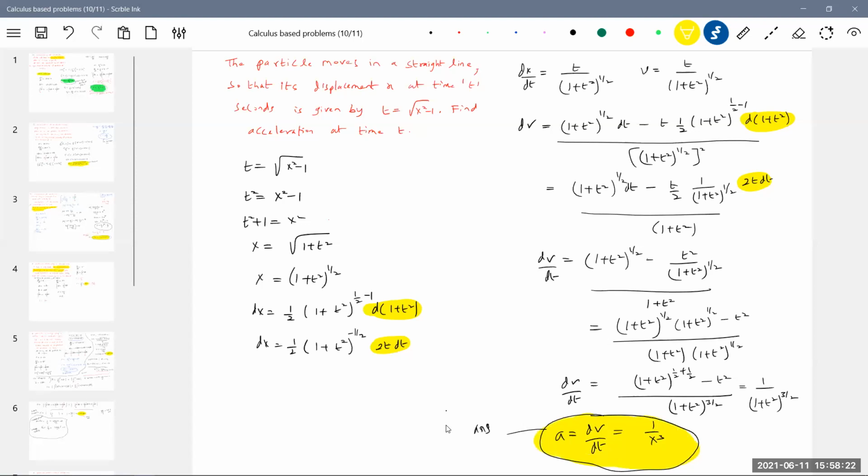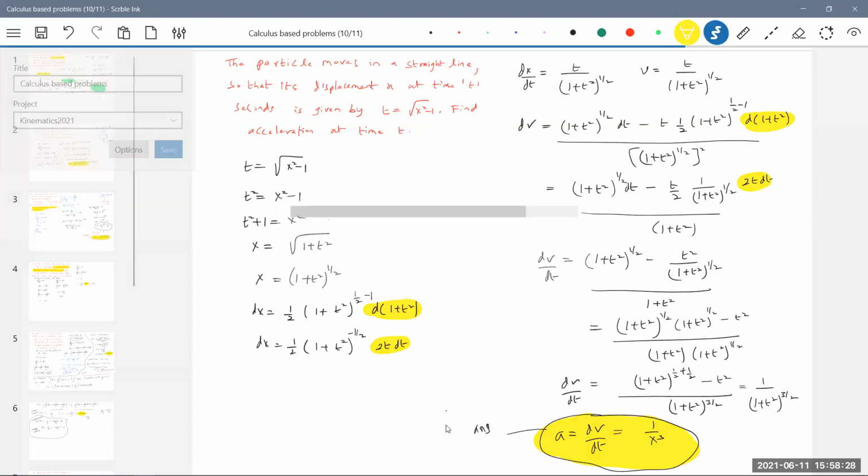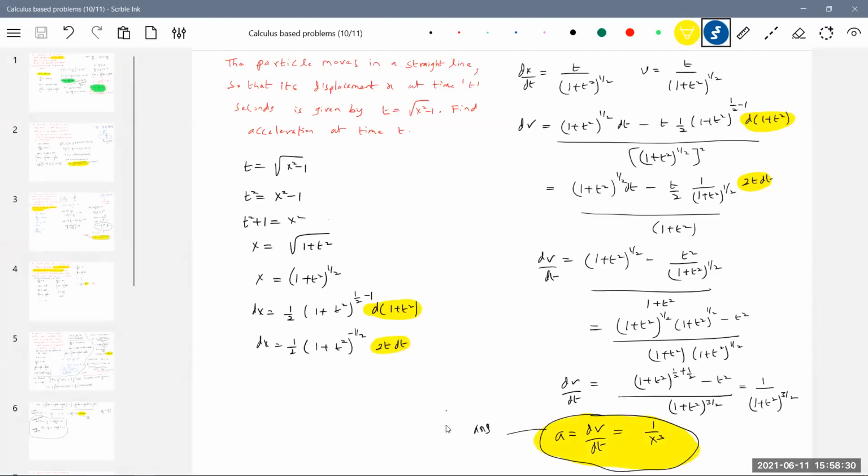I think you have to be very sure about the differentiation. I'll scroll down, we'll take the next problem.